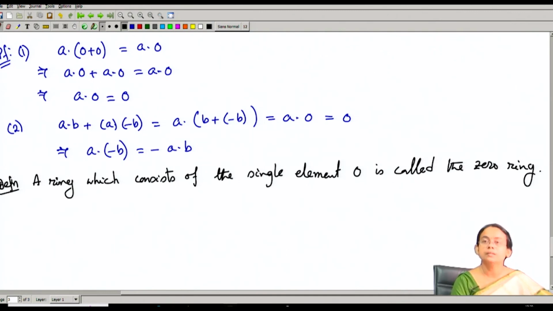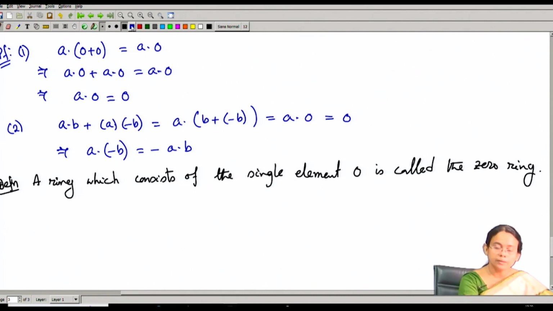So basically in the 0 ring, all the elements are 0, that means your additive identity is the same as the multiplicative identity. And we will see now that if in a ring your multiplicative identity is the same as the additive identity, then that ring is in fact the 0 ring.